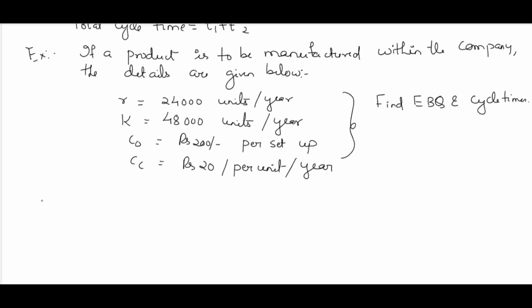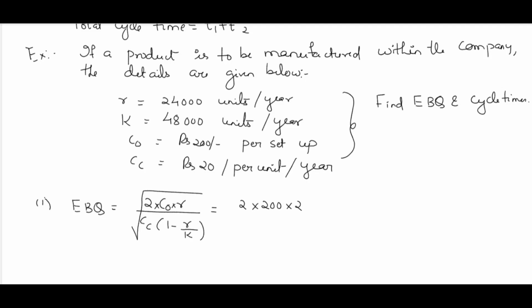So very simple, just put the formula and get the result. EBQ is equal to the square root of twice C0 into R divided by CC times 1 minus R by K. You know that 2 C0 is 200, R is 24,000, divided by CC which is 20, 1 minus R which is 24,000 divided by K which is 48,000, square root of this.